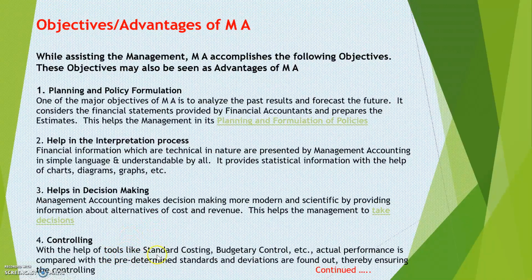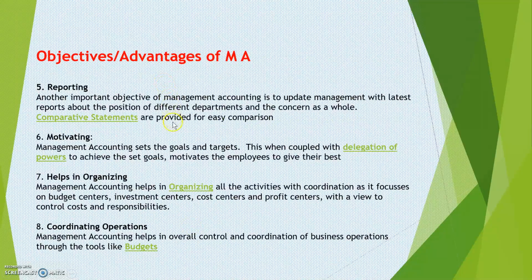Then controlling with the help of tools like standard costing, budgetary control, etc. The actual performance is compared with the predetermined standards and deviations are found out so that controlling can be done properly. Then reporting. Another important objective of management accounting is to update management with the latest reports about the position of different departments and the concern as a whole.